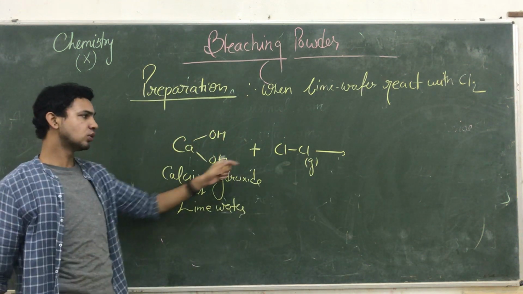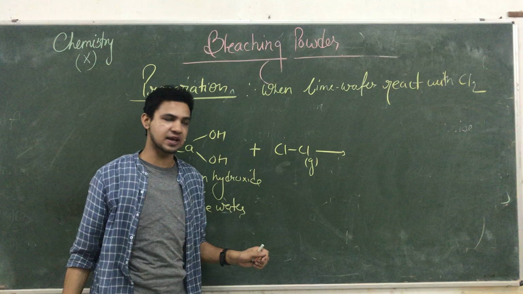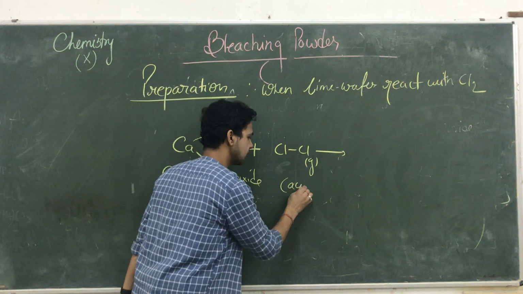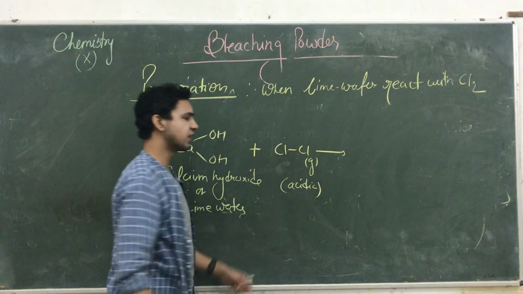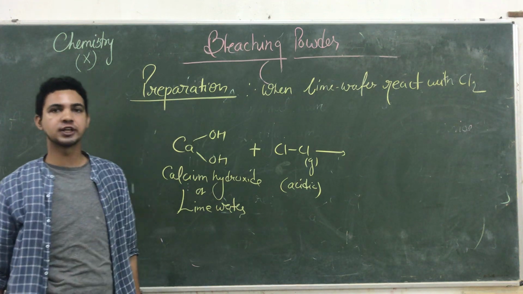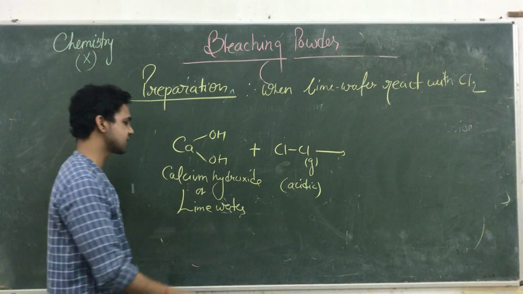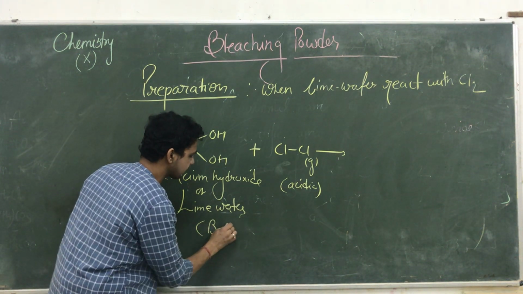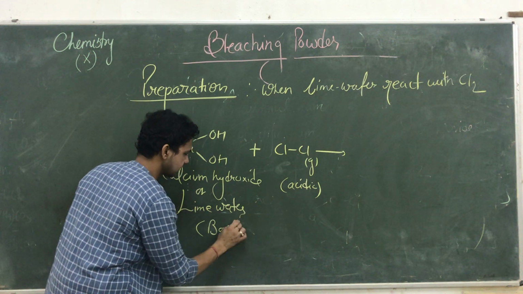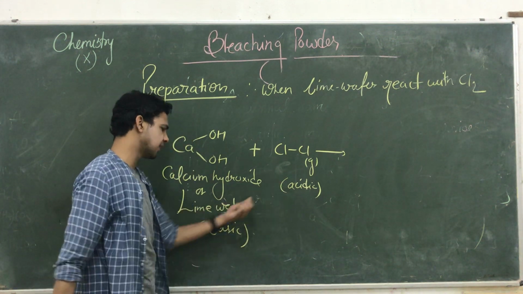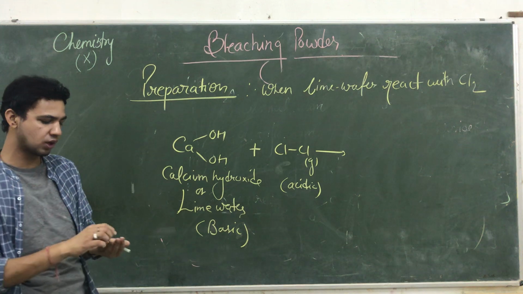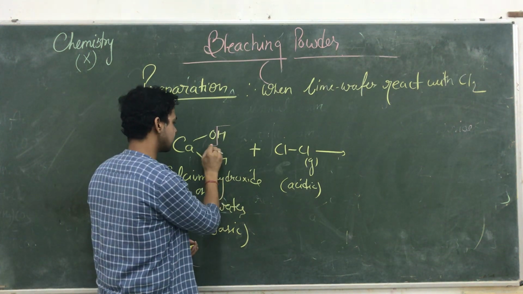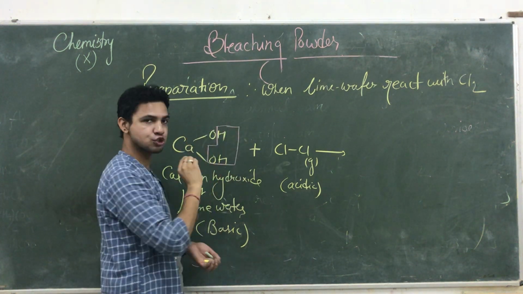You know that the nature of chlorine gas is acidic. Why? Because when chlorine dissolves in water, it gives you HCl. That's why it is acidic. And the nature of calcium hydroxide is basic. So when acid and base react with each other, they give water, in the form of H2O.